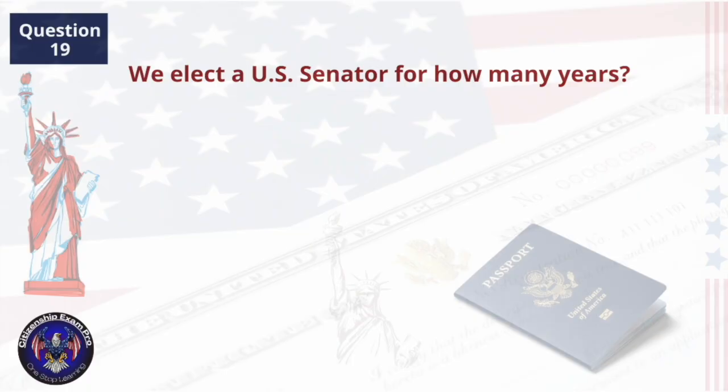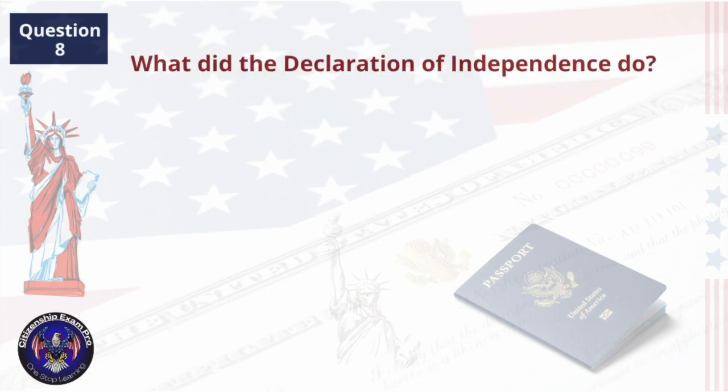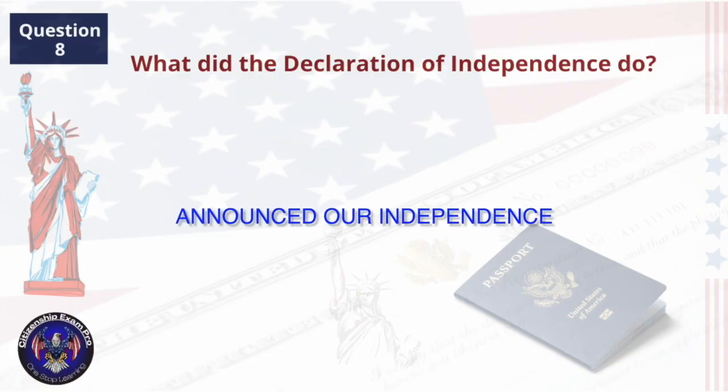We elect a U.S. Senator for how many years? 6. What did the Declaration of Independence do? Announced our independence from Great Britain.